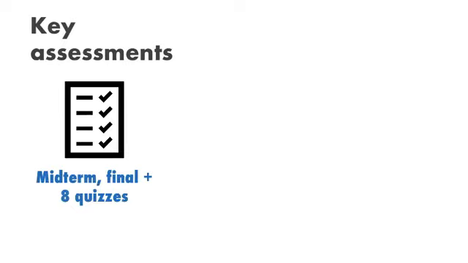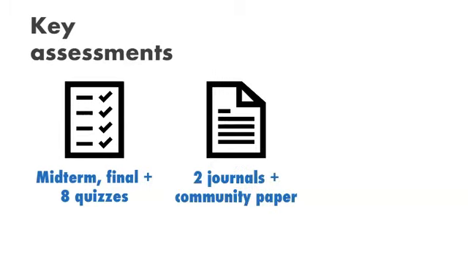Okay, so let's talk about some more key assessments. We've already touched on quizzes, touched on participation. In addition to the 8 quizzes that we'll have that will be those weekly check-ins, we're also going to have 1 midterm and 1 final. The final will be somewhat cumulative. You will have 2 categories of written assessments.